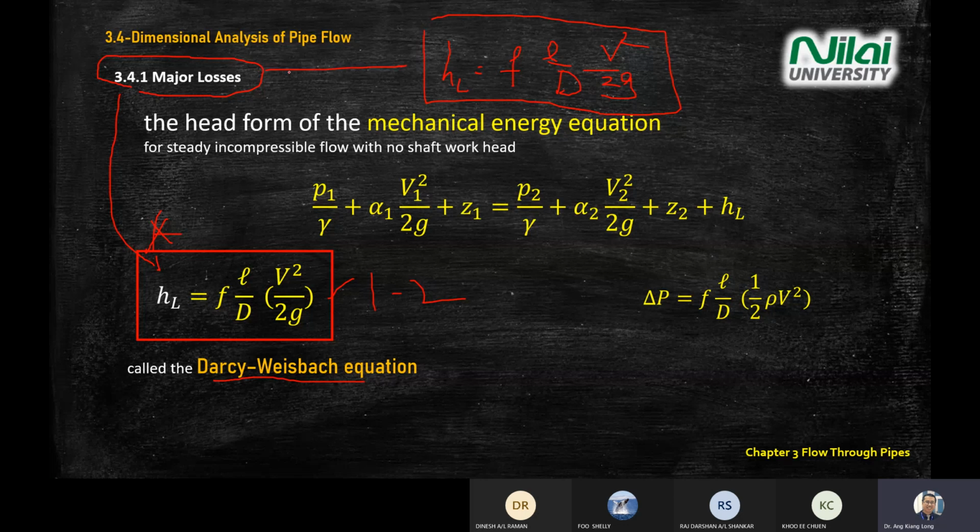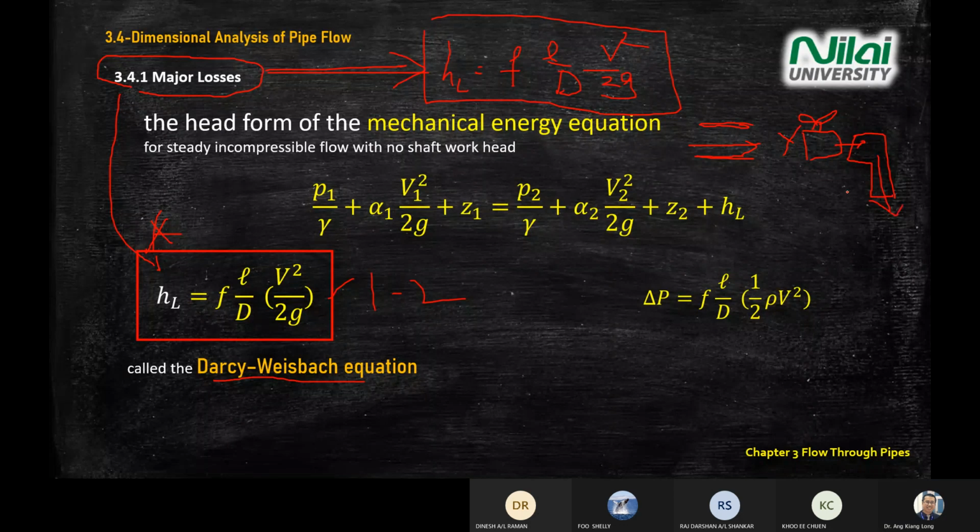This one is to calculate major losses, which is only in straight pipe. We take into account the viscous effect, the condition of the pipe, and the fluid only in the long pipe. Do not include components, for example the valve or 90-degree elbow.